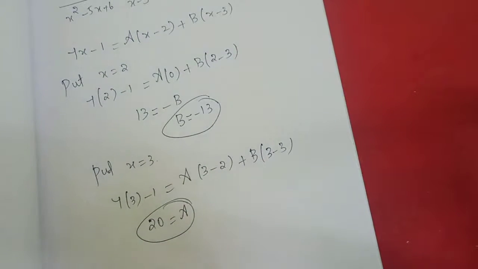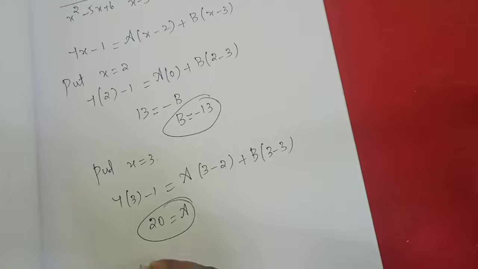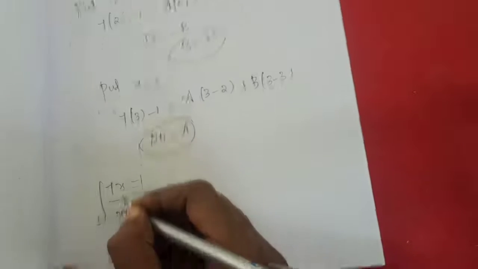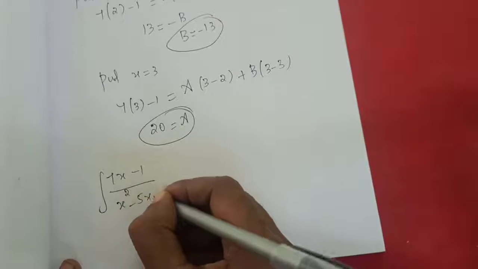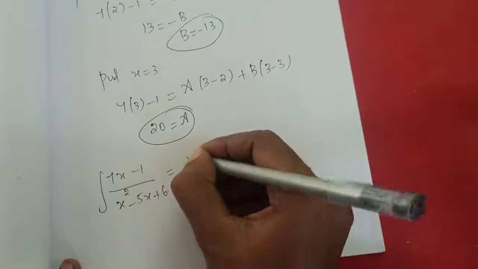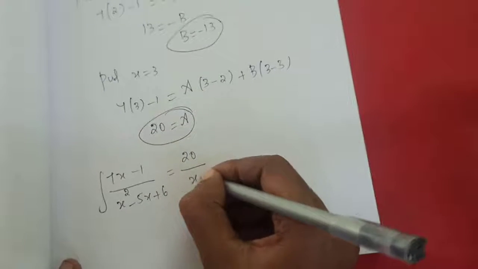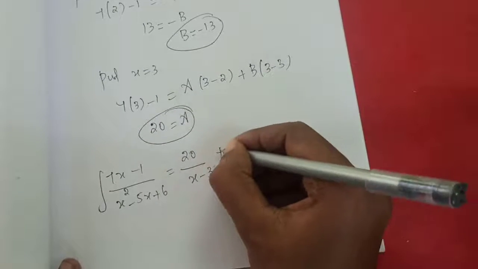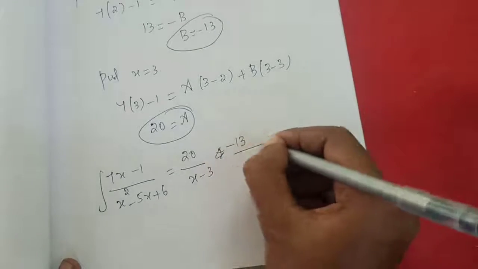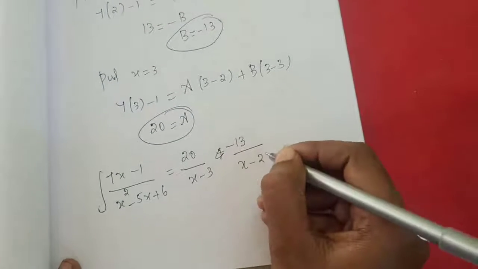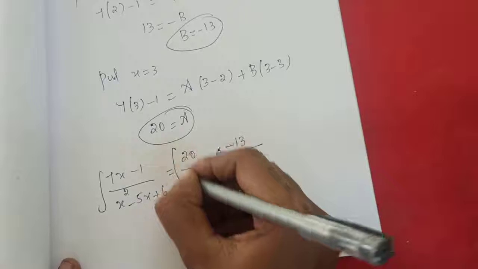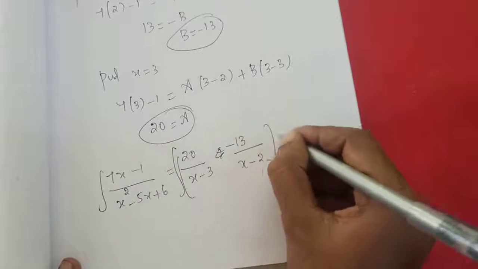Now you are going to substitute there. So integration of 7x minus 1 divided by x square minus 5x plus 6 is equal to a value, 20 by x minus 3 plus, sorry, it is minus, so minus 13 by x minus 2. Okay, so now we can integrate this easily.